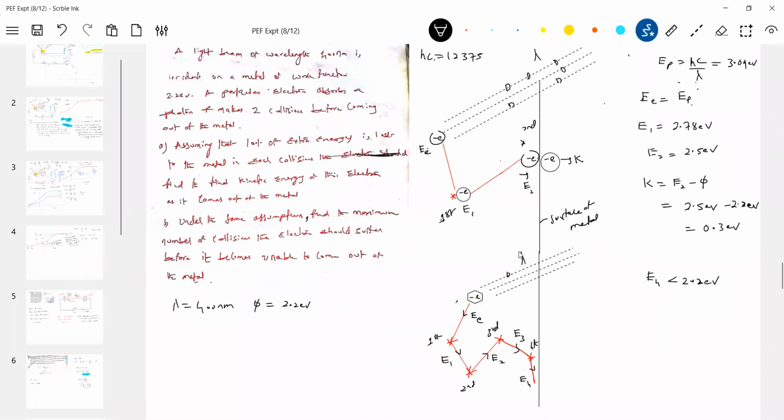So, will all incident photons generate photoelectrons? The answer is no. That's what they meant to say: all the incident photons will not emit photoelectrons. Practically, what is the efficiency? I think I gave it in a previous problem.